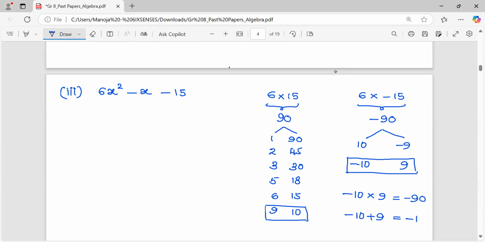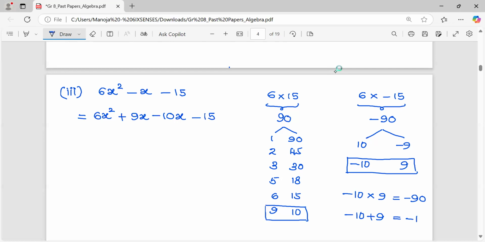Right? Now what I do, I write 6x squared, and I write 9x, and then -10x, and -15. Now you might think, why didn't the teacher write 10 first?